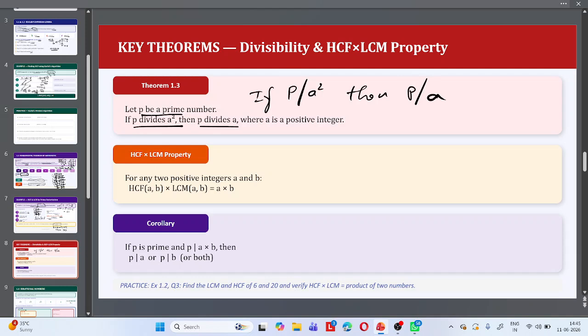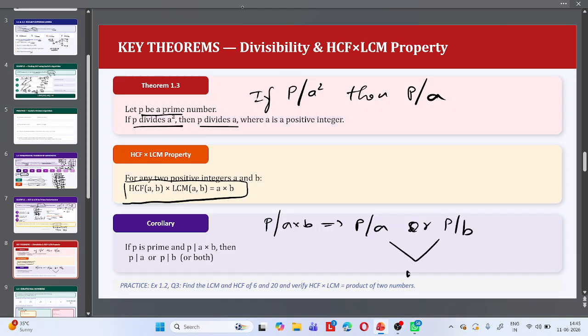The property for HCF and LCM we have already seen, that is the product of LCM and HCF of any two integers is equal to the product of those two integers. One more corollary is there: if P divides A cross B, then P divides A or P divides B or both. Okay, this is the corollary.